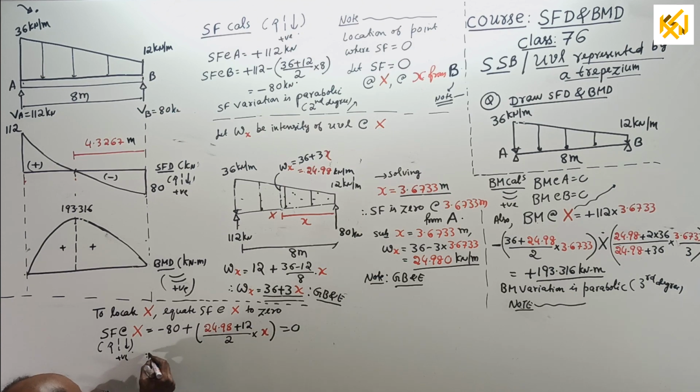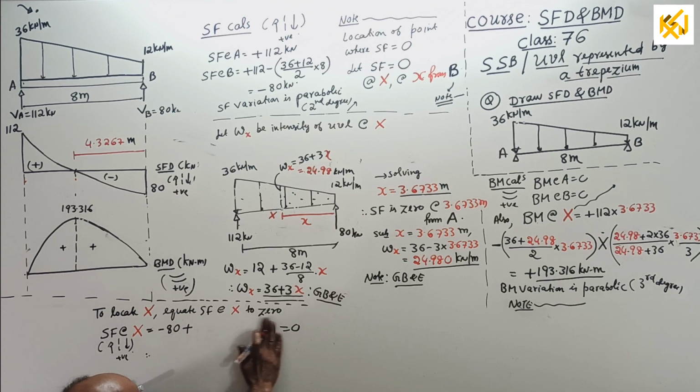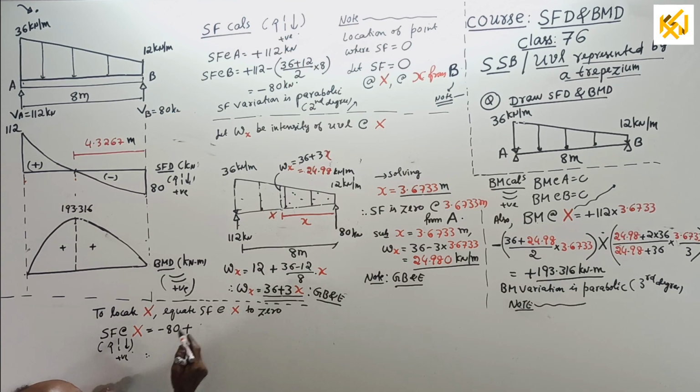When you simplify, you get 24.98 plus 12 divided by 2 into x. Anything wrong? How is 24.98? You are right, first write in terms of W: 36 plus 3x. I was wondering what was happening. Sometimes it happens that way. So it is 36 plus 3x plus 12 divided by 2 multiplied by x.